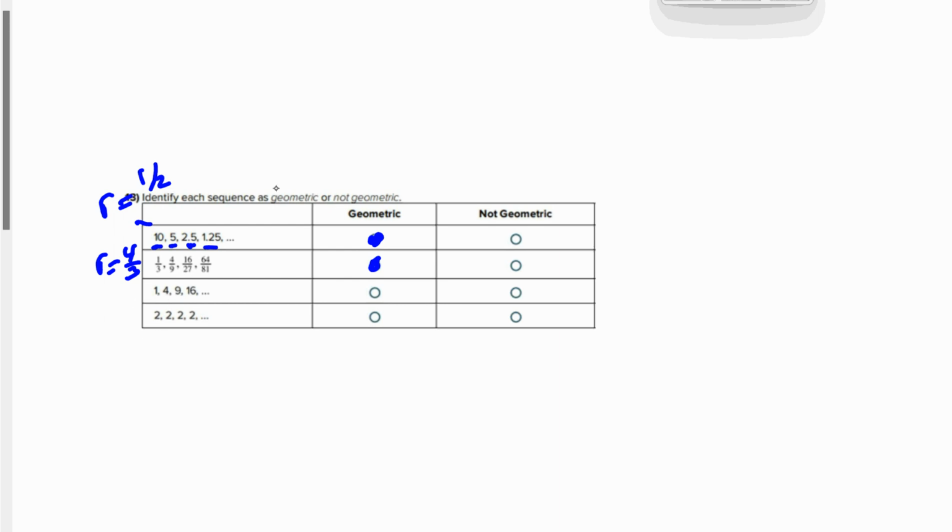So that's not multiplied by the same thing, so that is not geometric. Okay, 2 is being multiplied by 1 each time, but in order to be a growth, that means it has to be greater than 1, right? Multiplying by 1 is just keeping the same thing. That's just a horizontal line, right? If we're asked to graph it, there's just a horizontal line. So this is not.